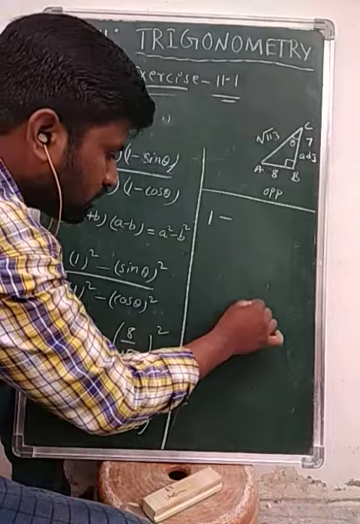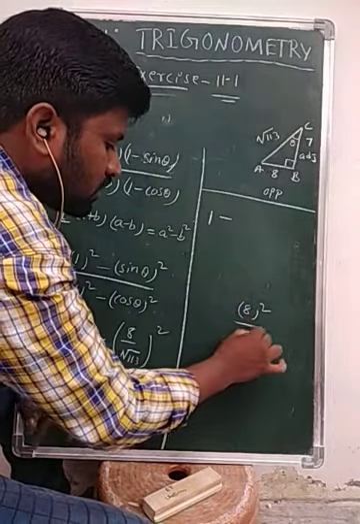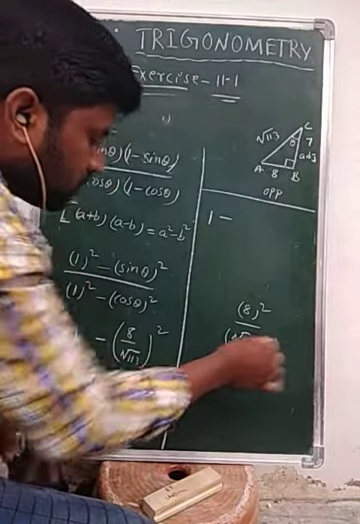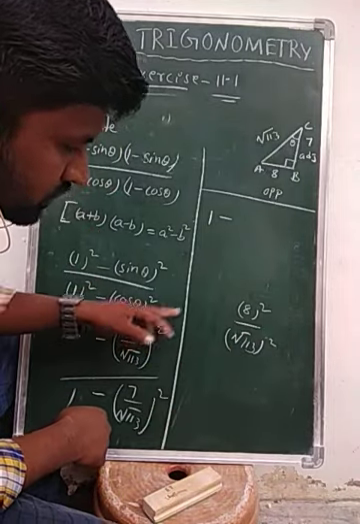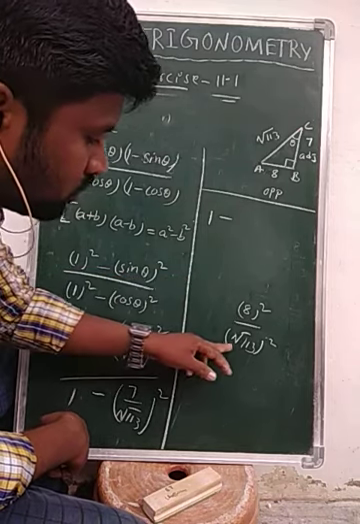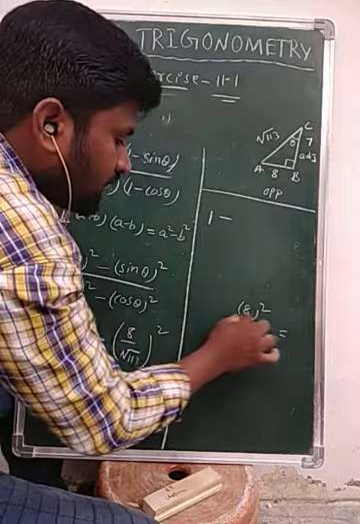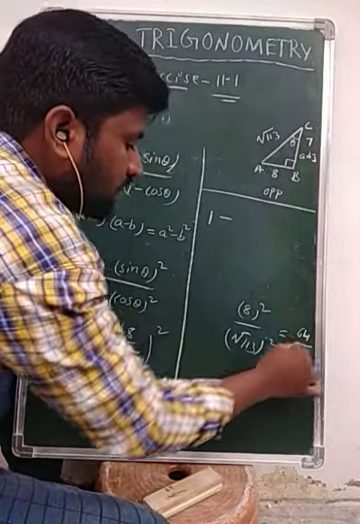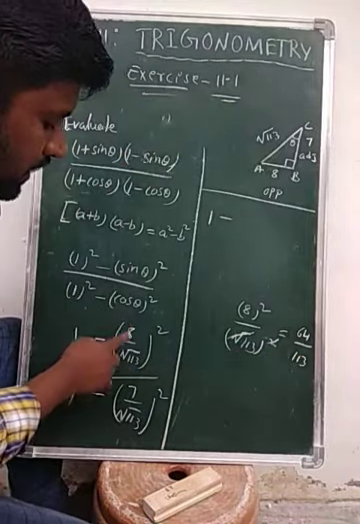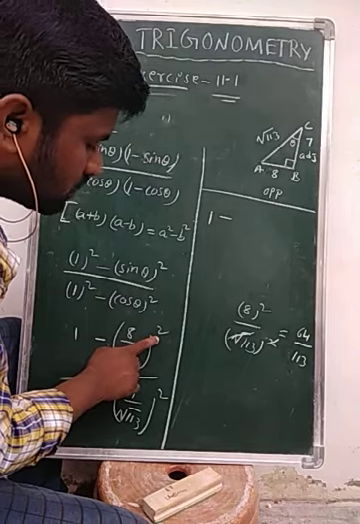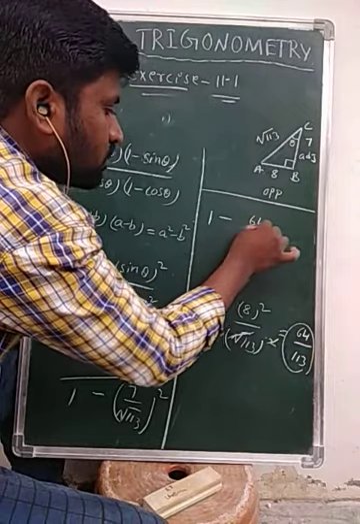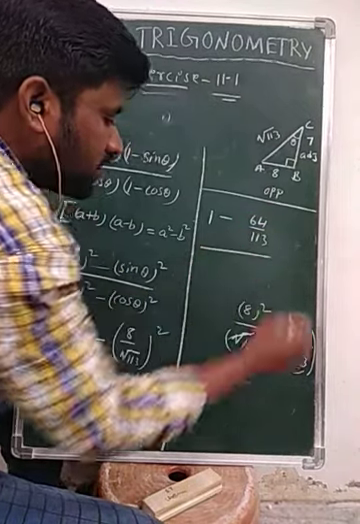Applying the square separately, 8 square by root 113 whole square comes. Let's apply it separately to the numerator, that is 8 square, and the denominator also root 113 whole square. Here 8 square means that is 64, and by square root cancel, just 113. So 8 by root 113 whole square means we can write it as 64 by 113.